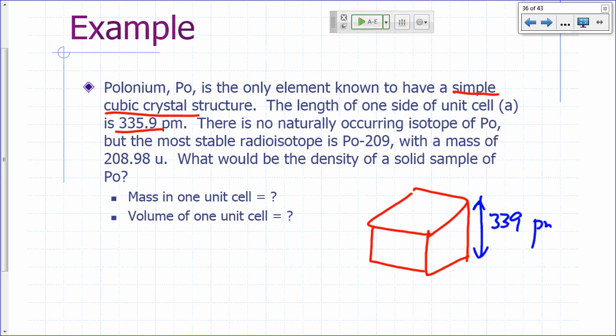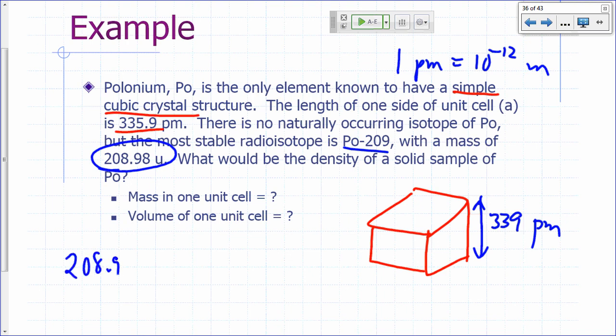What's a picometer? 1 picometer is 10 to the negative 12 meter. There's no naturally occurring isotope of polonium, but the most stable radioisotope is polonium-209, which has a mass of 208.92 atomic mass units. So the molar mass is 208.98 grams per mole.